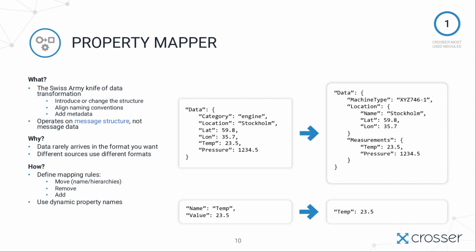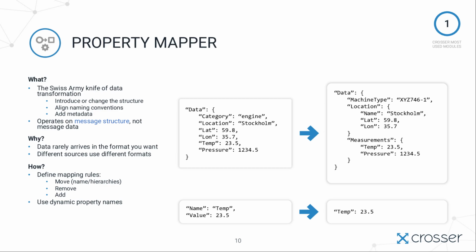But let's say that you want to combine multiple sensor values into a single message. So you want to combine these 2 input properties into one, where the name of the sensor is the property name, and then you assign the value to that new property. That type of combination can also be done with this module, and that's a pretty common use case where we see this module being used.